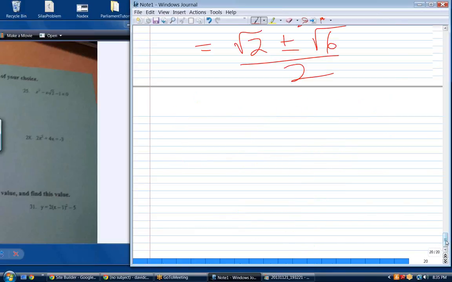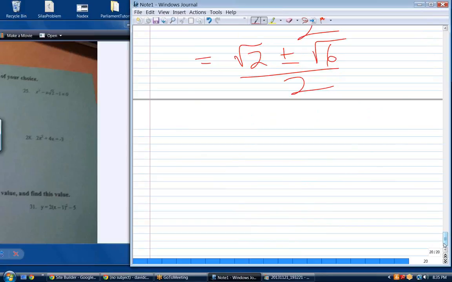Now, the question is, is that in final format? I can change square root of 6 into square root of 2 times square root of 3. Not sure that helps any.